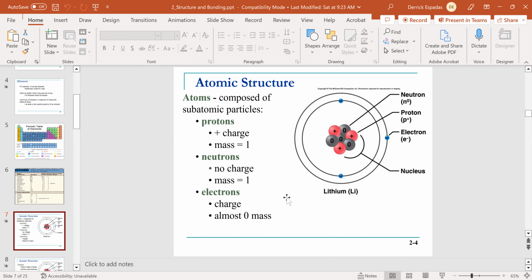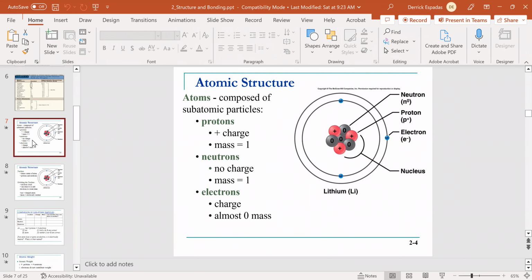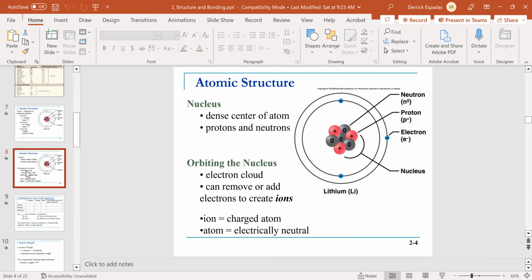You'll hear in some of the videos how electrons are all over the place, but this is easy for us to conceptualize. So neutrons and protons are in the nucleus, and electrons are outside. Electrons almost have no mass. They do have mass, but it's very, very small.